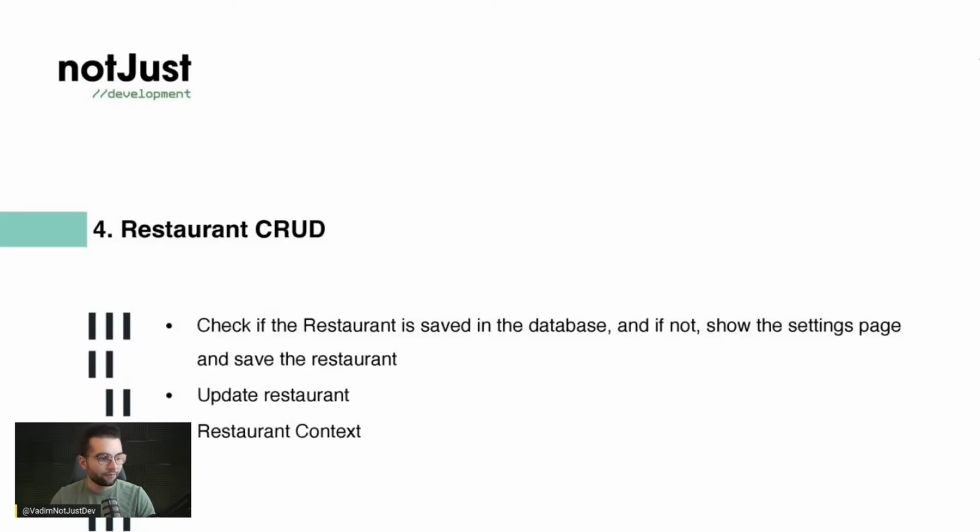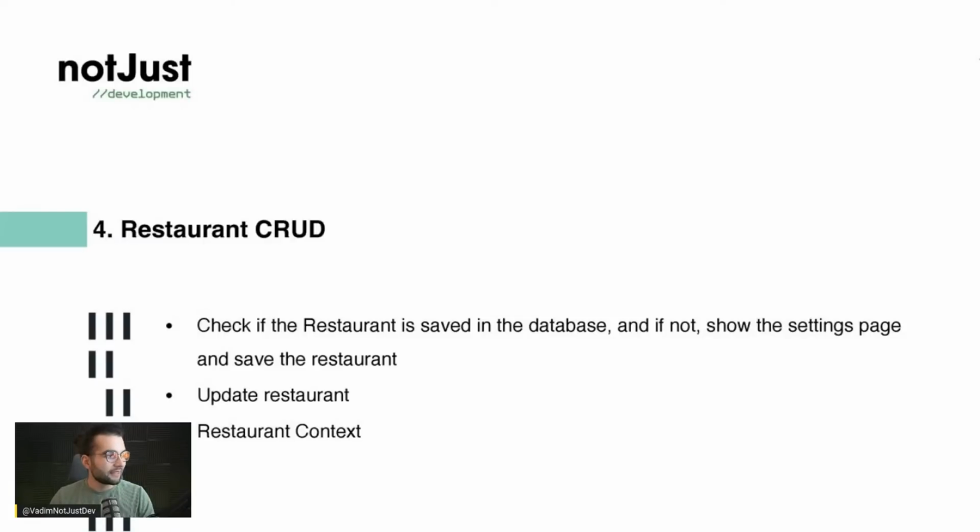So for that, when we get to our application, we should check: is this user that is signed in an administrator for any restaurant? If yes, then get that restaurant, get all the orders for that restaurant, and manage that restaurant.